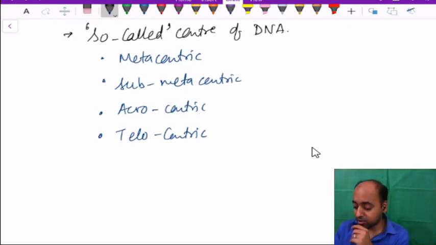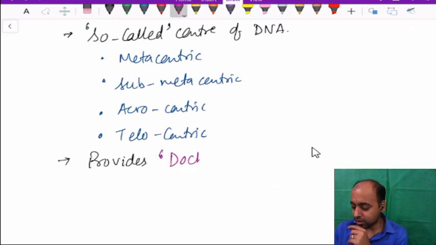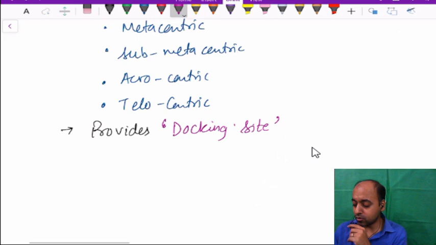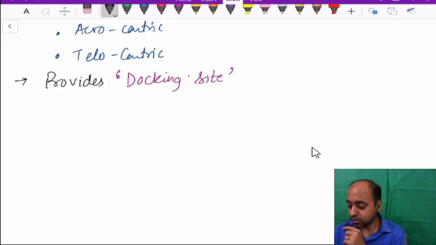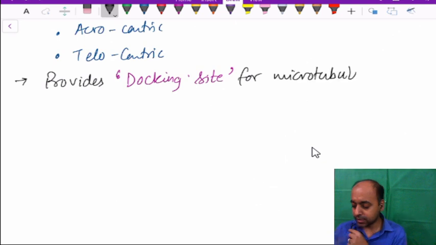What is the primary function of the centromere? It provides what is known as a docking site. For whom? It provides a docking site for microtubules. When cell division is going on, mitosis or meiosis, we have the chromatids.